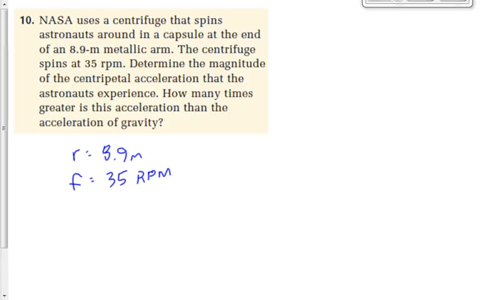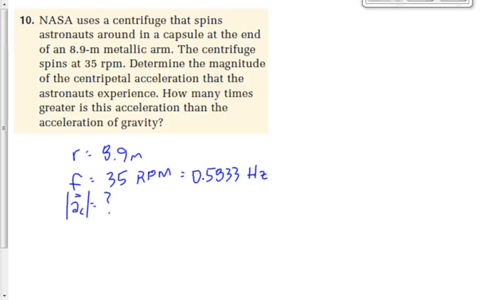So what are we going to do to convert that to revolutions per second? Divide by 60. What do you get there? 0.58, exactly. Four digits is good enough, but we probably want more than a couple of decimal places. So 0.5833 hertz. What else we got? That's it.